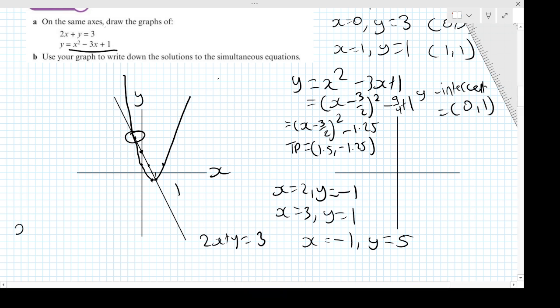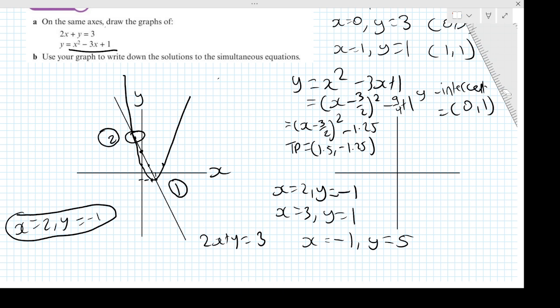So x is 2, then the y value is -1. If you read off the graph there, you get x is 2, y is -1. Then the next solution would be up here. If you read off that graph, it's going to be when x is -1, and then y would be up here, which should be 5 there, right?